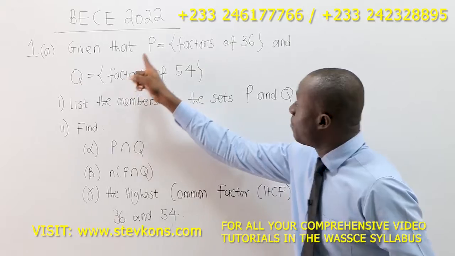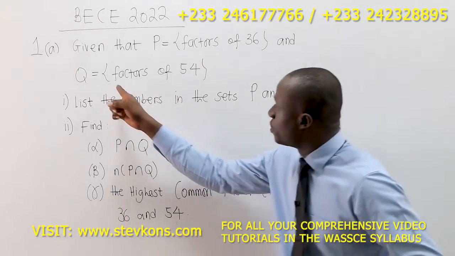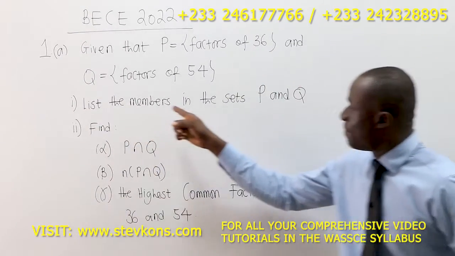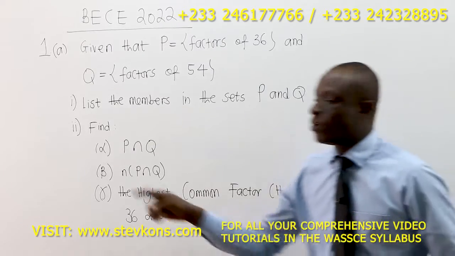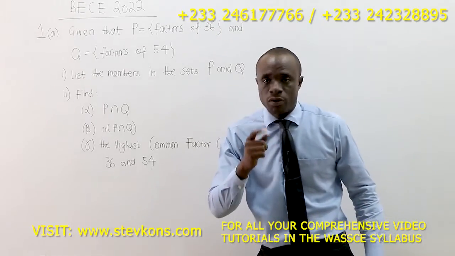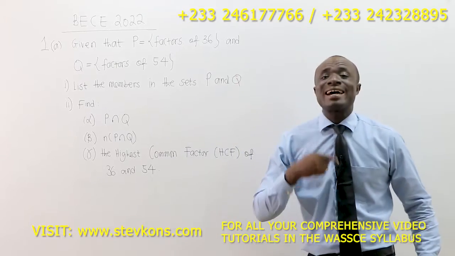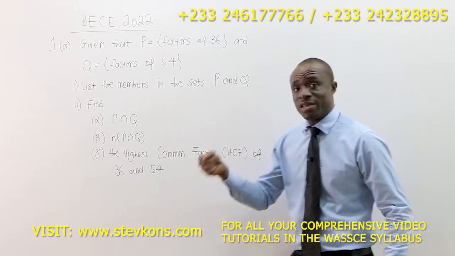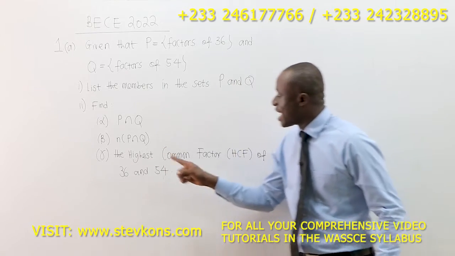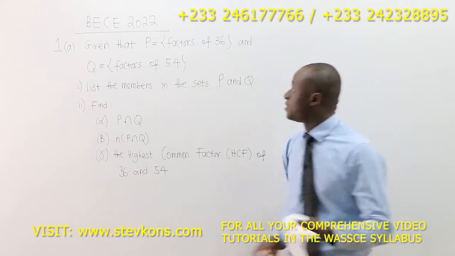Given that P is equal to the set of factors of 36 and Q is equal to the set of factors of 54: (i) list the members in the sets P and Q; (ii) find alpha, P intersection Q, that is elements that are common to P and Q; and beta, the cardinality or the number of elements in P intersection Q; then gamma, the highest common factor, that is HCF, of 36 and 54.